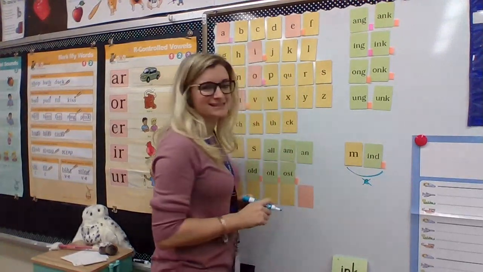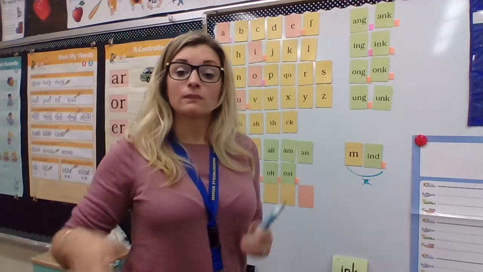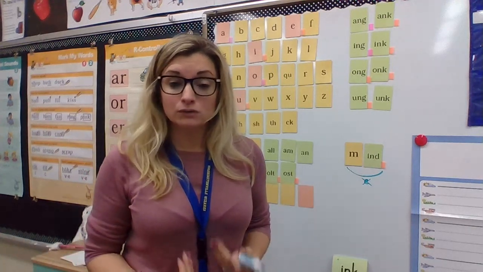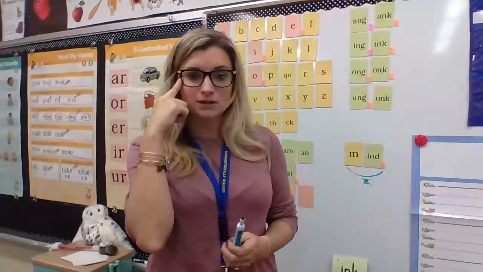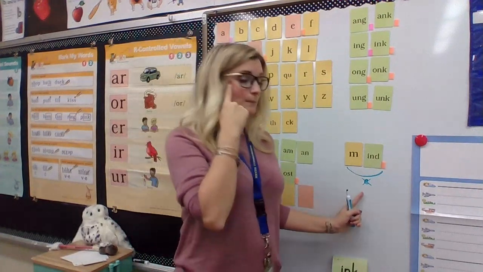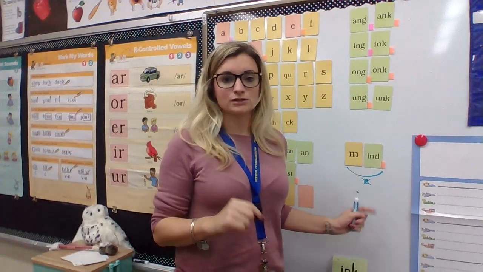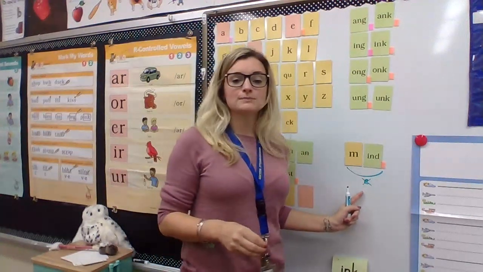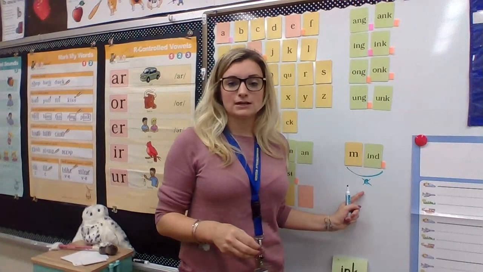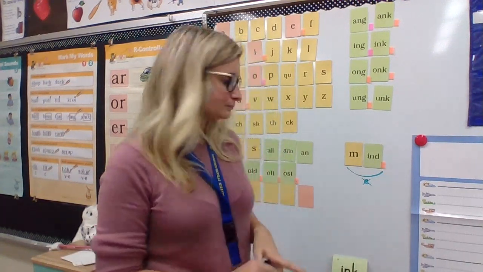We cross out that C because we're saying, nope, it's not closed. The way I remember to mark closed syllable exceptions is I remember that the word exception makes that X sound. And that reminds me that I need to put my X on the C. Cross out that C because it's a rule breaker, so it's not a closed syllable.